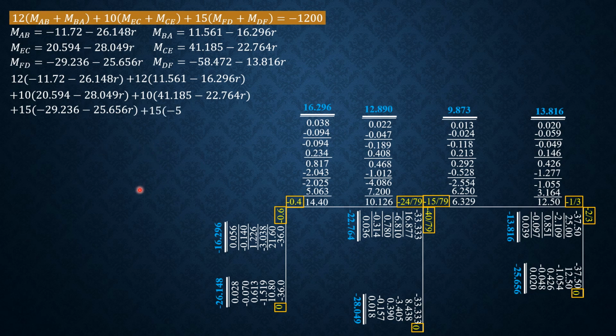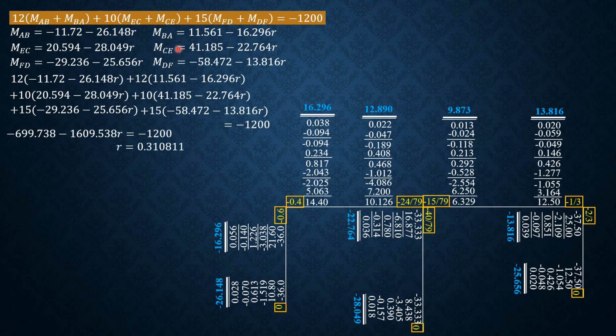Solving for R is 0.310811. Then MAB is negative 11.72 minus 26.148 times 0.310811. So moment AB is equal to negative 19.847 kilonewton meter.